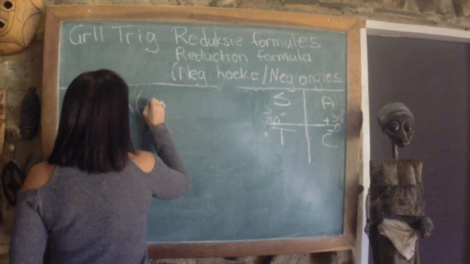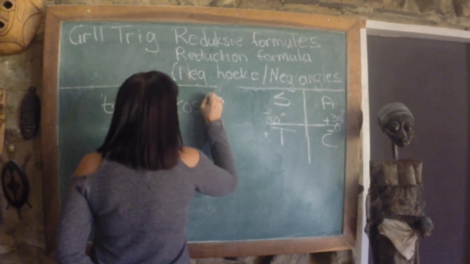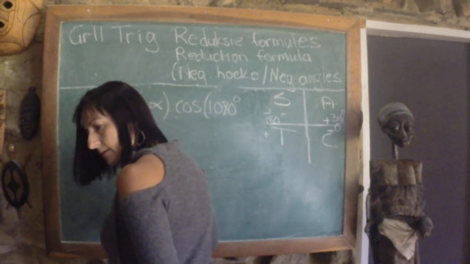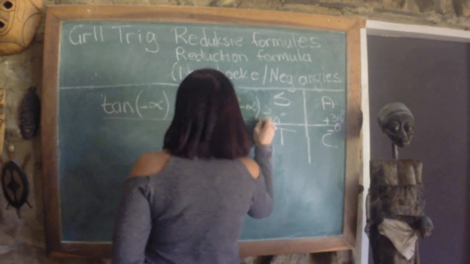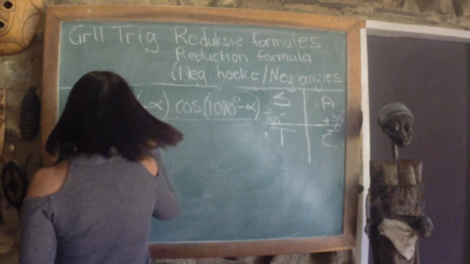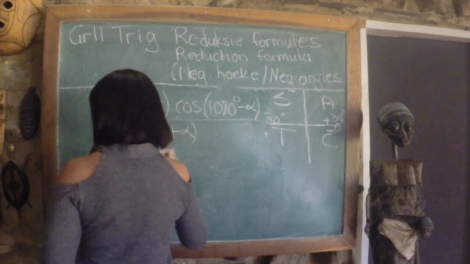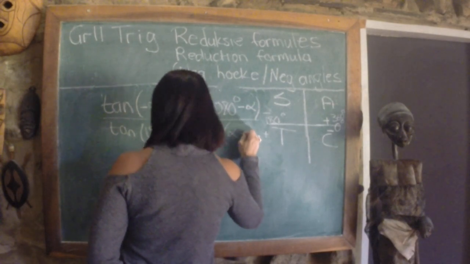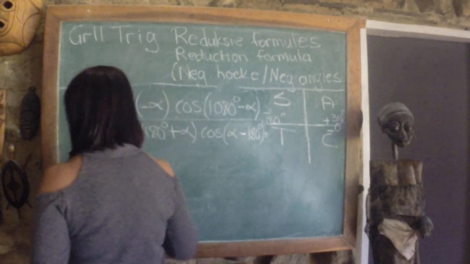Tan van minus theta, cos van 1080, very big angle, minus alpha, it's alpha not theta, tangent of 180 plus alpha, and then the cos of alpha minus 180. Okay, let's start from there.